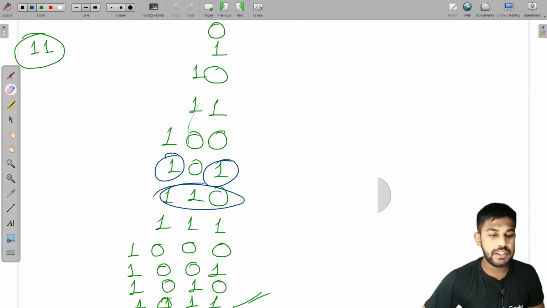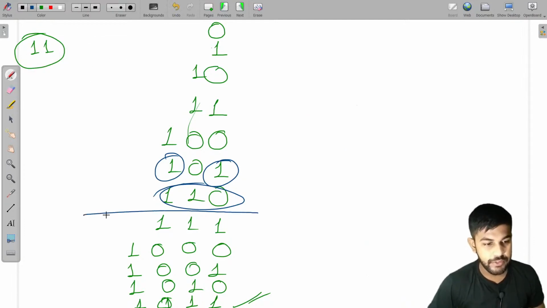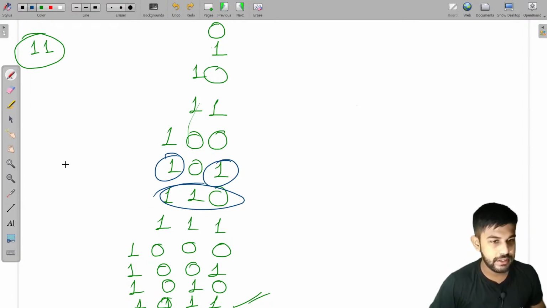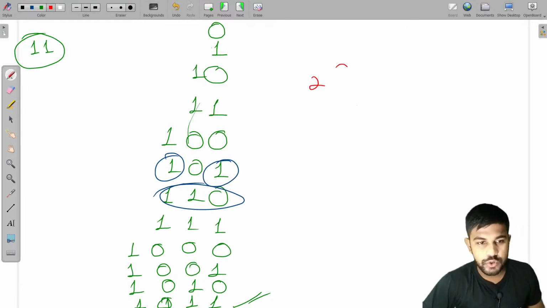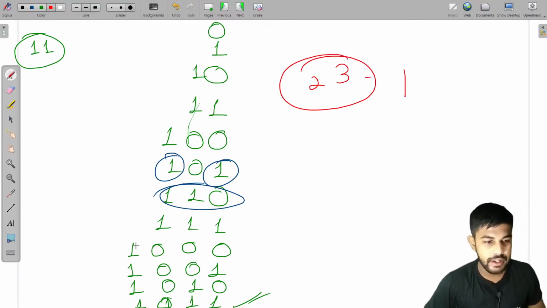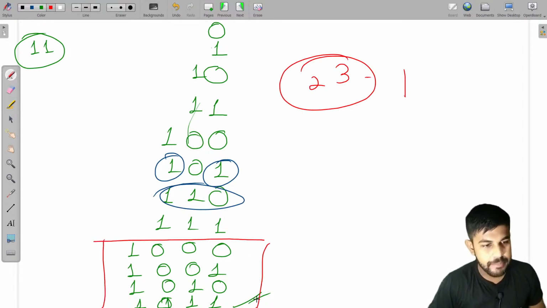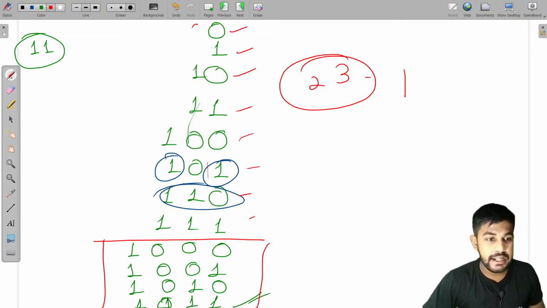Okay, so if we just observe this, just let me clear this. Yeah, so if we just observe till 2 to the power 3 minus 1, then we can see that this is having all the possible combinations. Like the first column is 0, 1, 0, 1, 0, 1, 0, 1. And the next one is 0, 0, 1, 1, 0, 0, 1, 1.